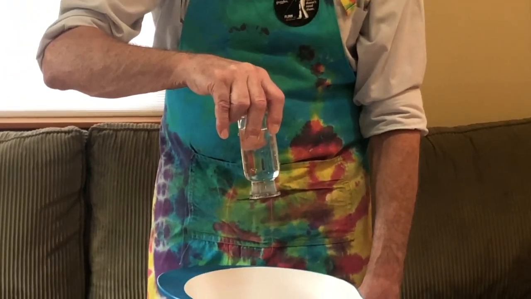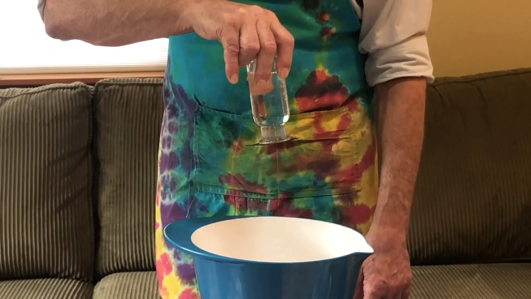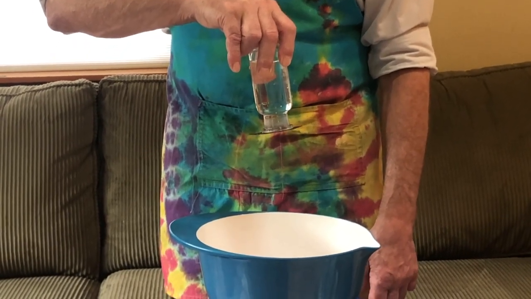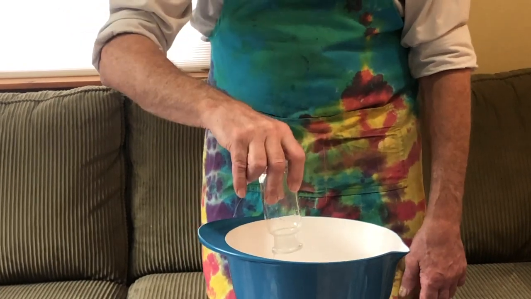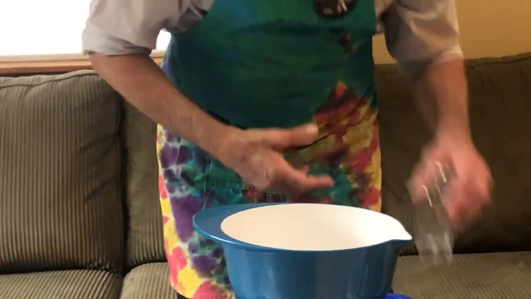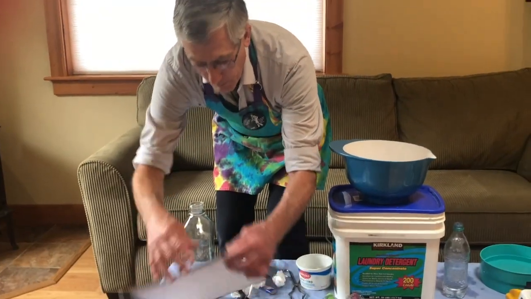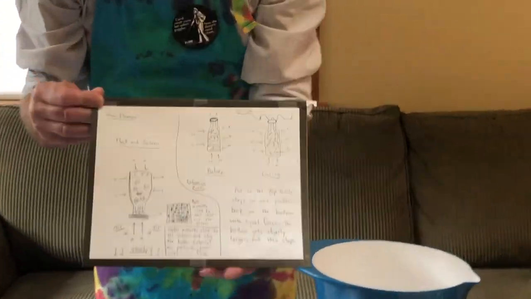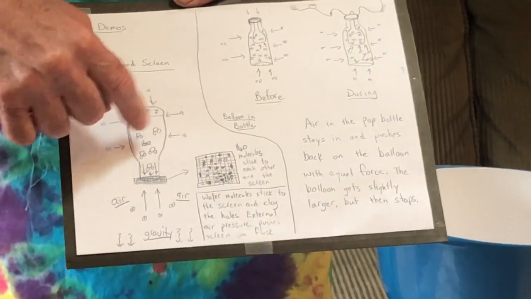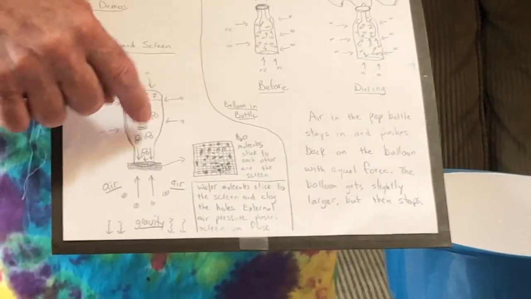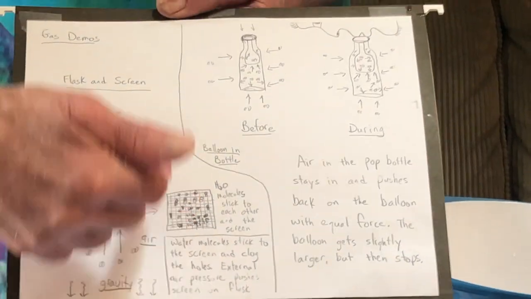But there's another part working on it here as well. Do you really think just those little molecules of water could hold that screen up? I can shake it off of there. But what's really going on is there's a little bit more. Let me show you in this drawing. All the molecules of the water are sticking to each other, and we have air pressure all around in the room.